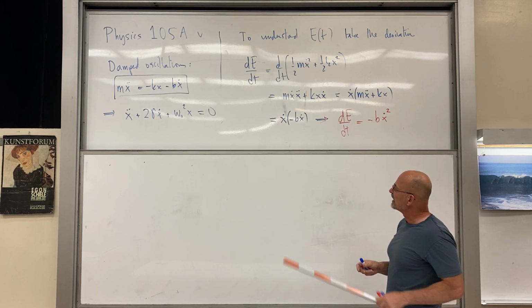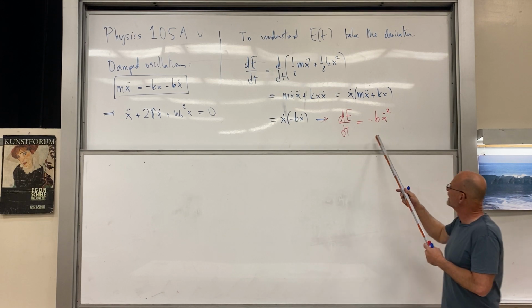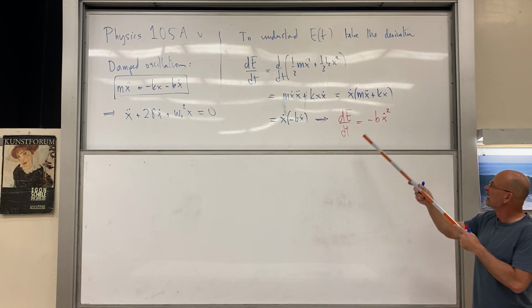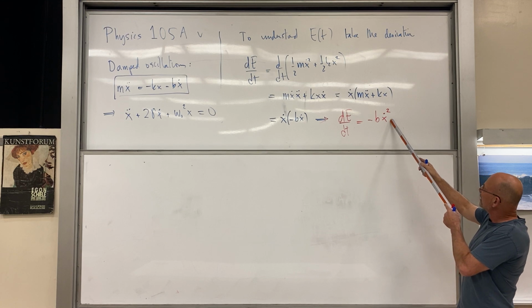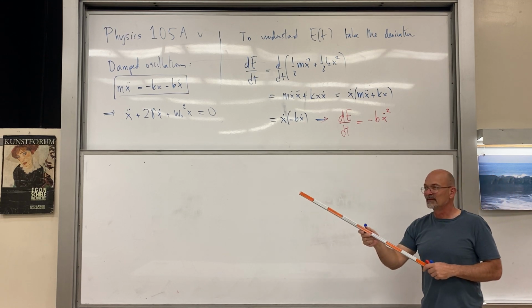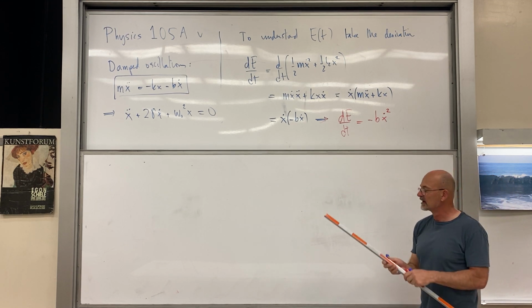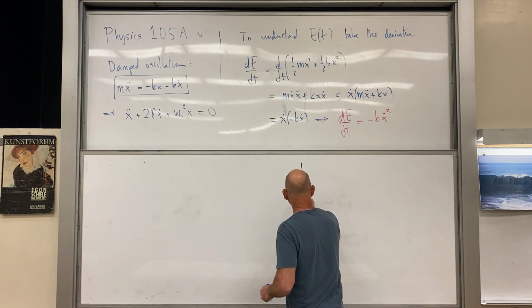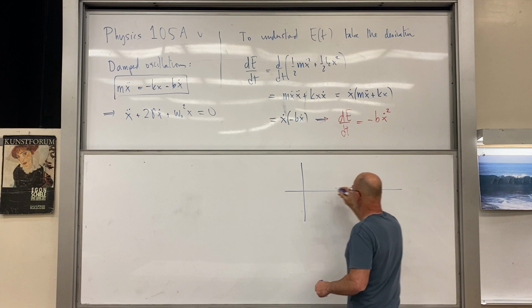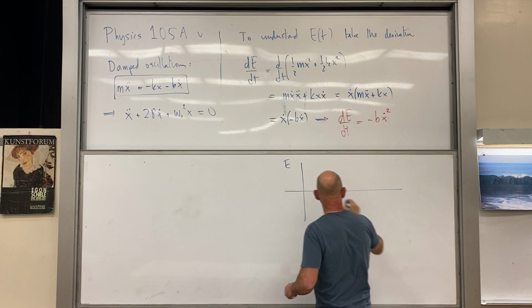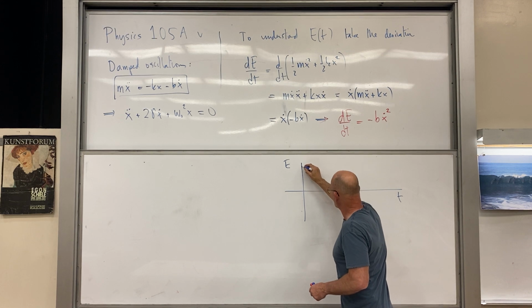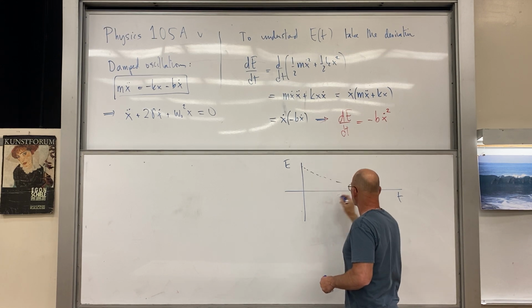Where does the velocity vanish? dE/dt is not constantly decaying, because the velocity vanishes at the turning points. What we're going to get now, I'm going to redraw this E of t, and I'll even put the envelope in like this.